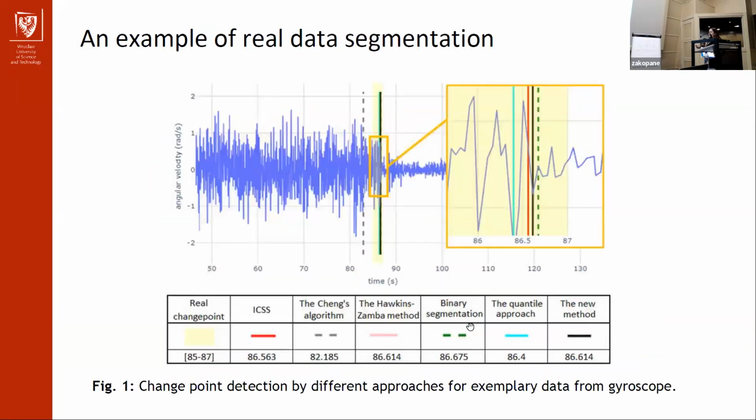Okay, and on the slide you can see an example of real data segmentation using methods known from the literature. In the yellow box we can see the real change point, so the period in which the real change point should be, and it includes the time of delay.